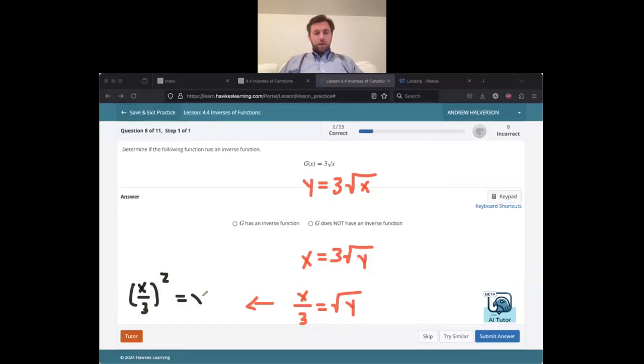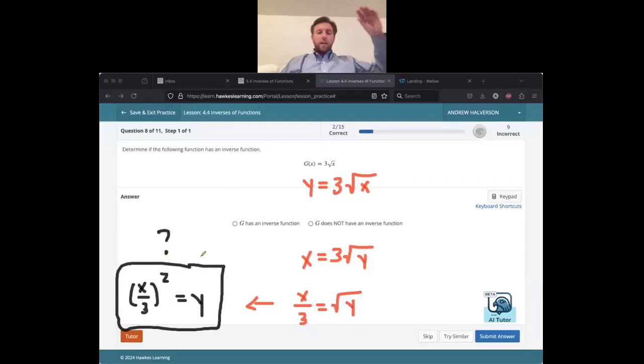And what they're asking you, once you do this, is this thing a function? Yeah, it's a function. No, there's no problems with it. So G does have an inverse, yes.